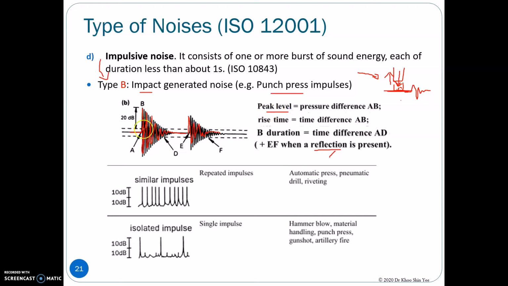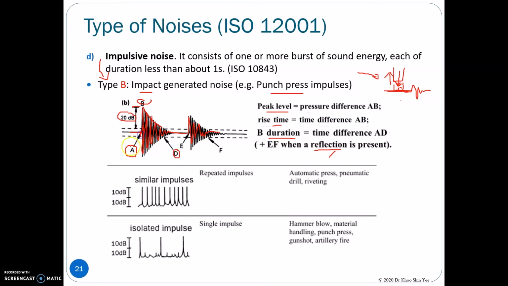The peak level can be obtained from the pressure difference between A and B. Rise time can be obtained from the time difference between A and B, and the B duration can be obtained between A and D, where you can see the sound pressure level has decreased by 20 dB.